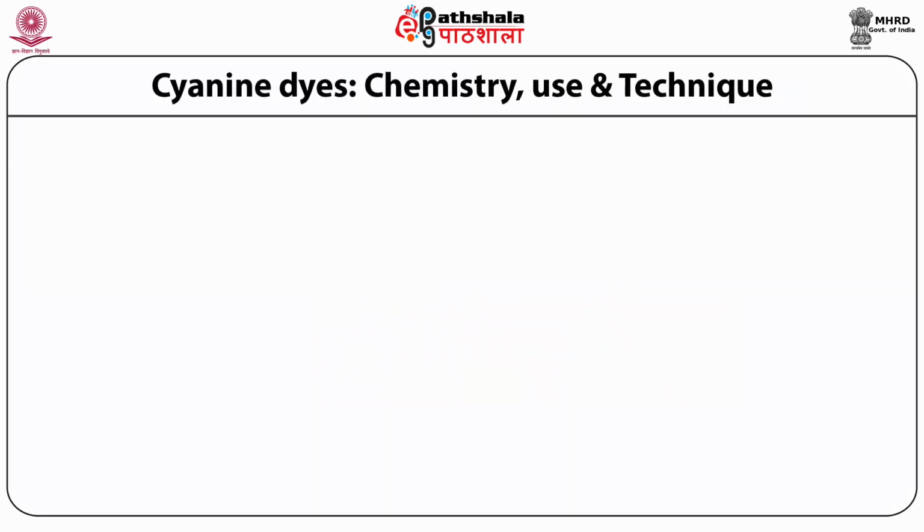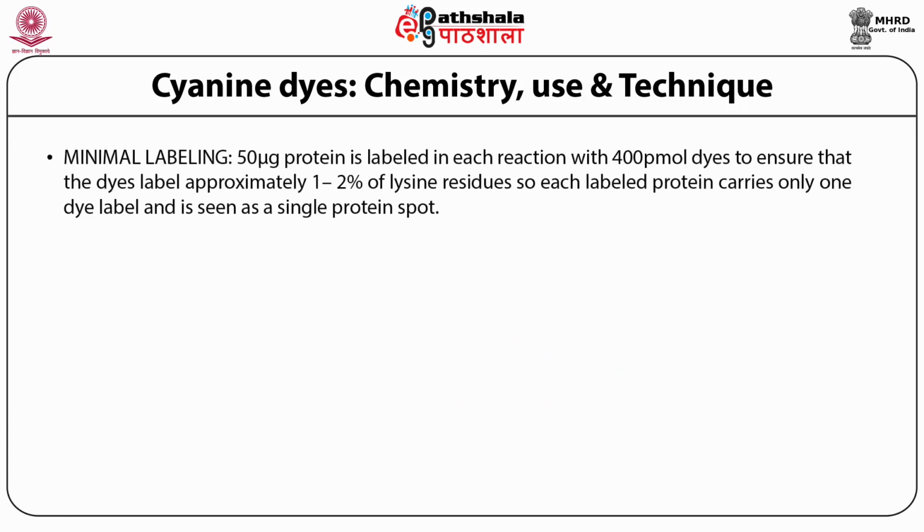We now try to understand the technique of differential in-gel electrophoresis that uses the technique of minimal labeling using cyanine dyes. 50 microgram of protein from either the control or the experiment is labeled with 400 picomoles of dye to ensure that the dye labeled is approximately 1 to 2% of the lysine residues, so that the labeled proteins carry only one dye label and is therefore called as minimal labeling.